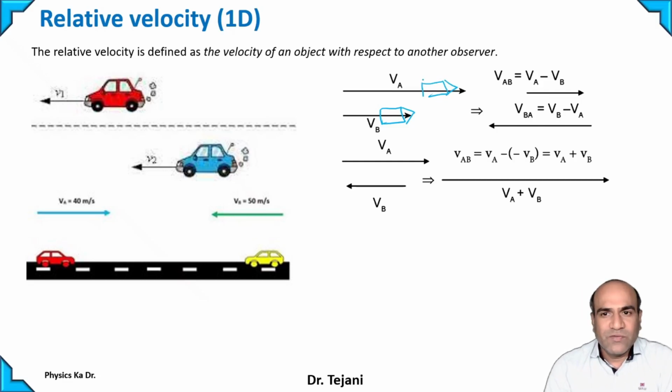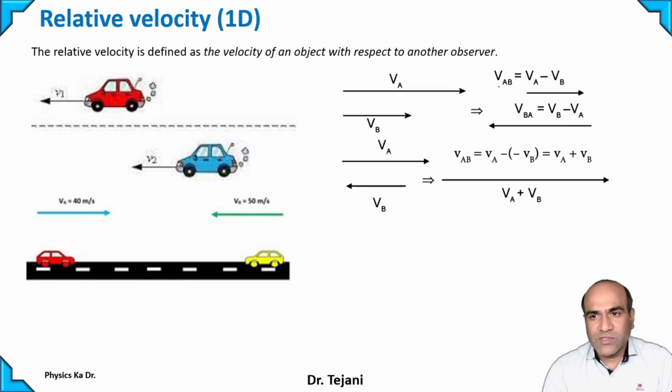That means VA definitely overtakes VB, and at that time car B feels that compared to A, it has lesser velocity, right? So therefore VBA, that means the velocity of B compared to A, is equal to VB minus VA.